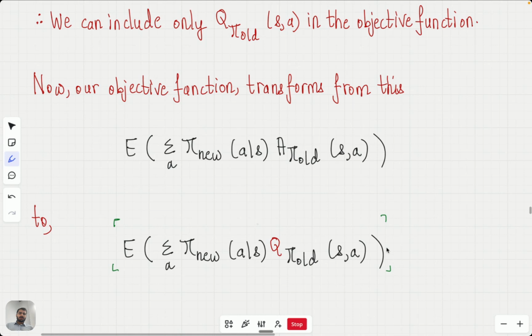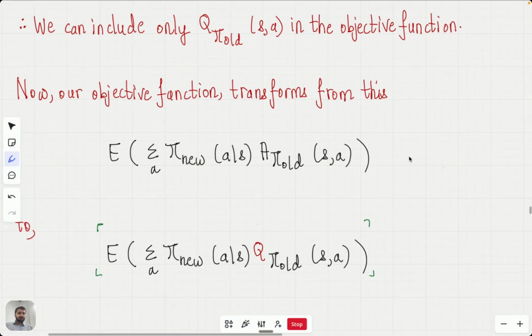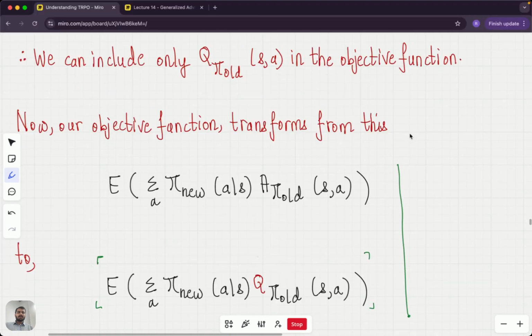Okay, but now the question is, can we make it even simpler? Can we get it to an expression that we are familiar with? What is the expression we are familiar with? Remember, the vanilla policy gradient equation looks something like this.